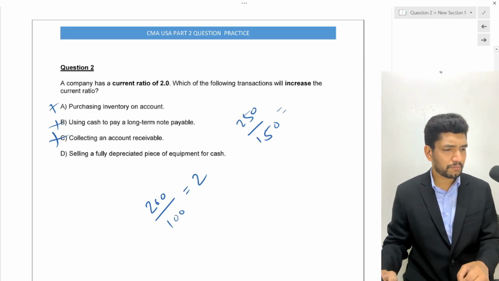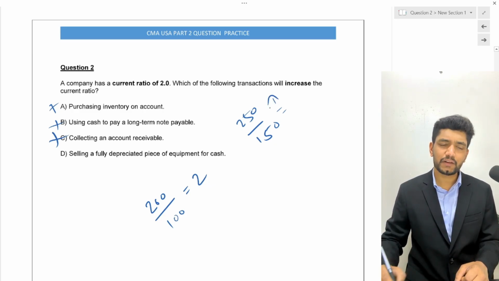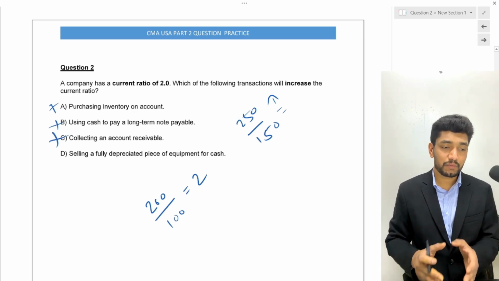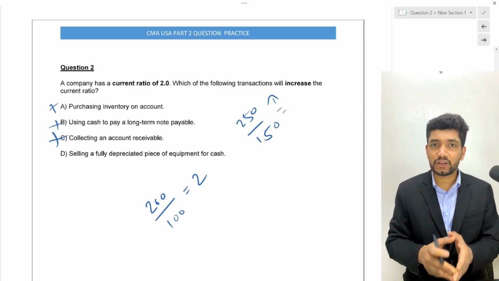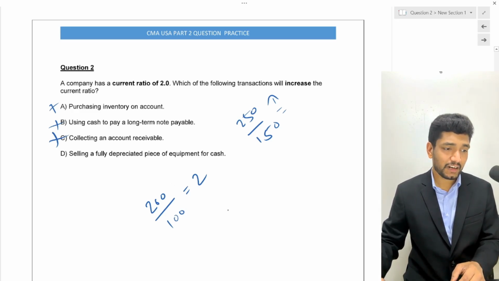Then selling a fully depreciated piece of equipment for cash. In this case the cash will increase, and a fully depreciated piece of equipment does not have any value, so definitely only current assets will increase.